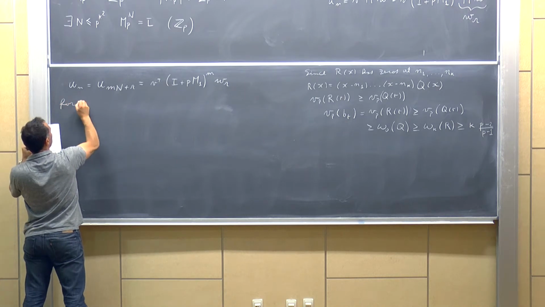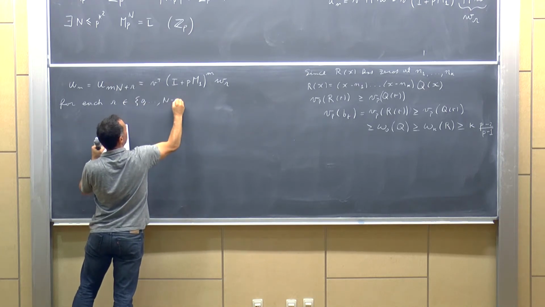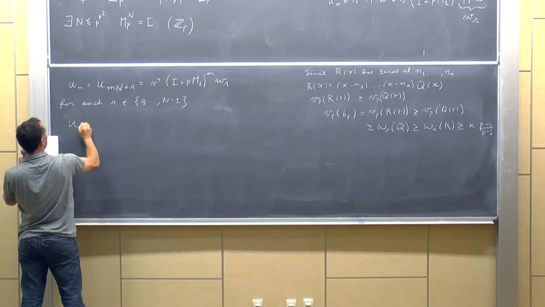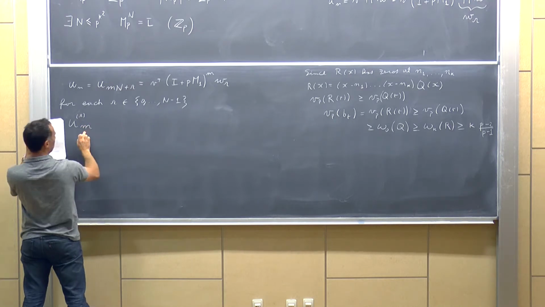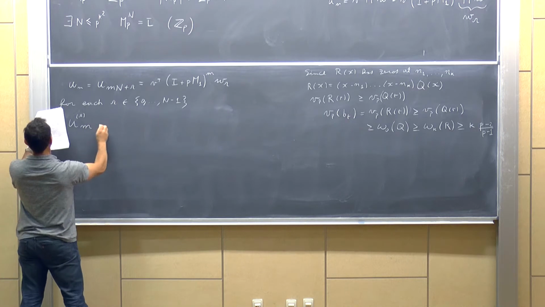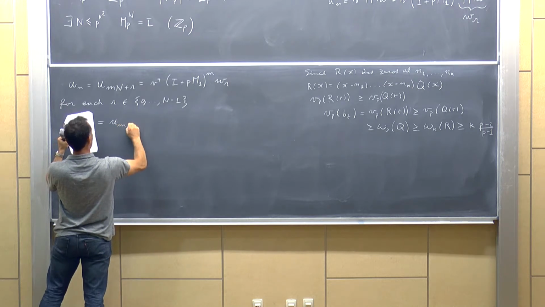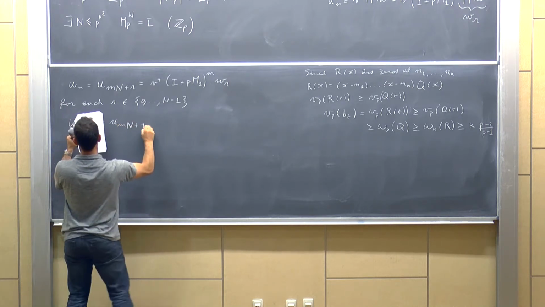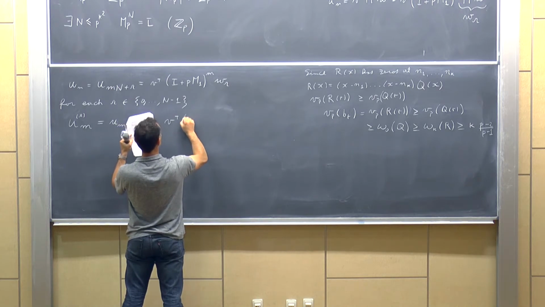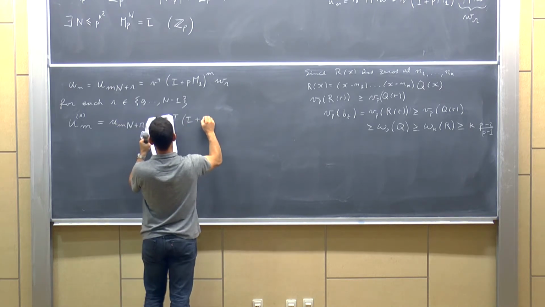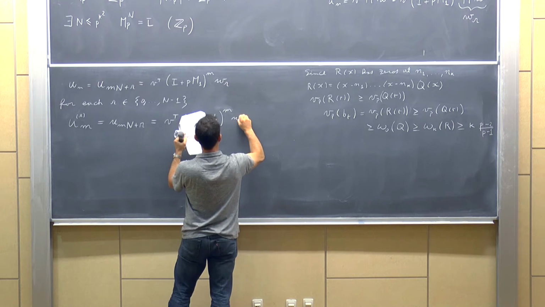So for each r in the set 0 to n minus 1, I'm going to put the r here just to remind you, I'm going to index it by m now, and define this to be u sub m, n plus r, and that's v transpose I plus P M1 to the m times w_r.